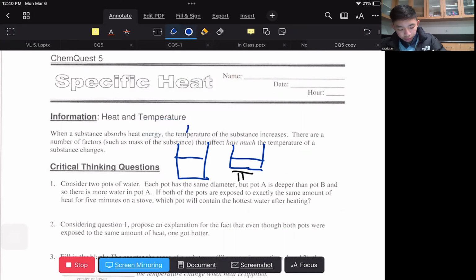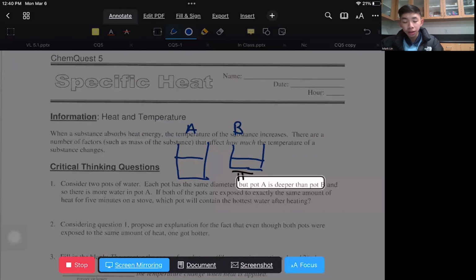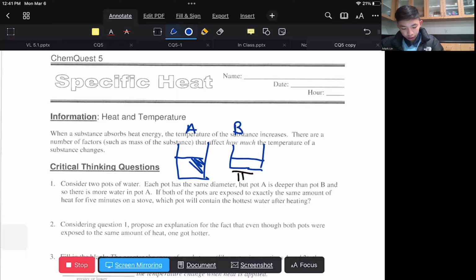The reason pot B is lifted a little higher is because the problem says pot A is deeper than pot B, so there's more water in pot A. So here's water, water, water, water. It does show that pot A has more water than pot B.